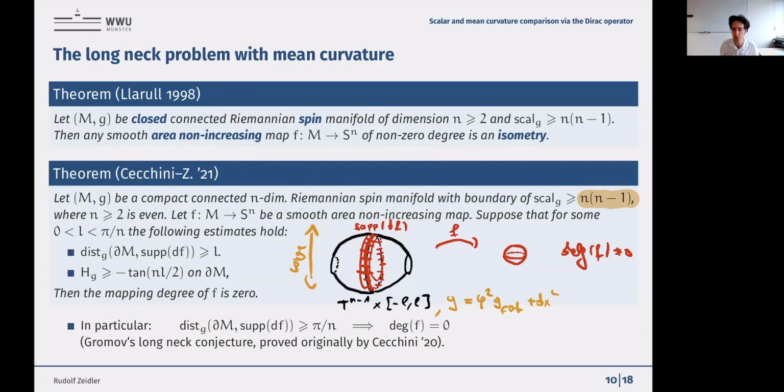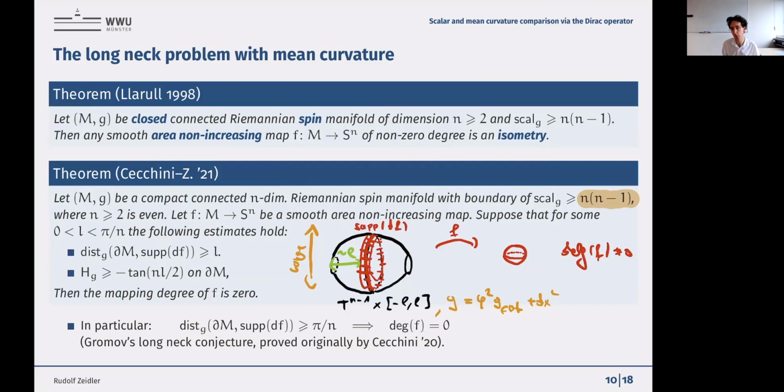So in a certain sense, you can arrange it in such a way that the area of the strip here is still comparable to the area of the standard sphere, even though you make this very small. And by making it very small, you can get this distance here, the distance between the support and the boundary, to approximate L. Now, if you make this construction precise, and that's possible, I can show you that this here is actually optimal.